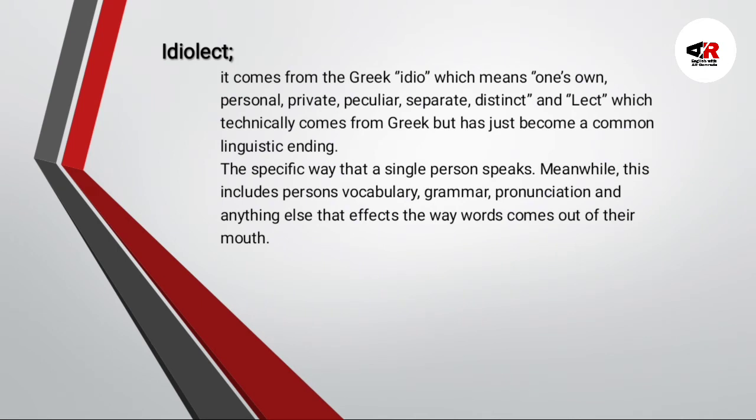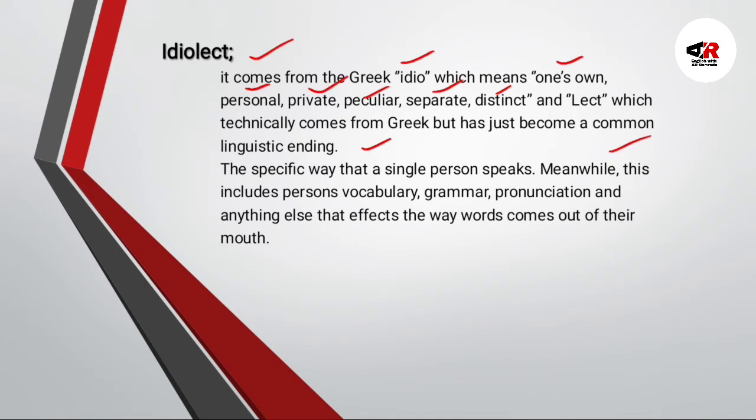The fourth one is idiolect. It comes from the Greek. Idio means one's own, personal, private, peculiar, separate, distinct, and lect, which technically comes from Greek but has become a common linguistic ending. It is the specific way that a single person speaks. This includes a person's vocabulary, grammar, pronunciation and anything else that affects the way words come out of their mouth.